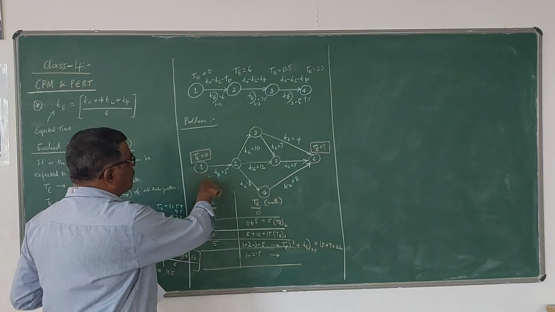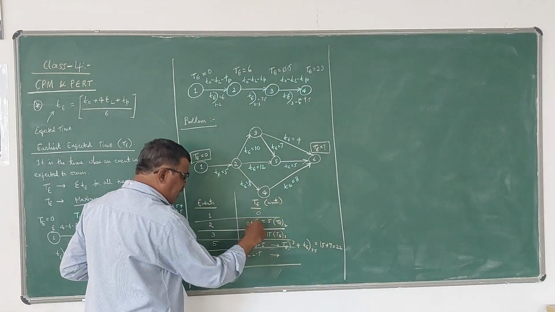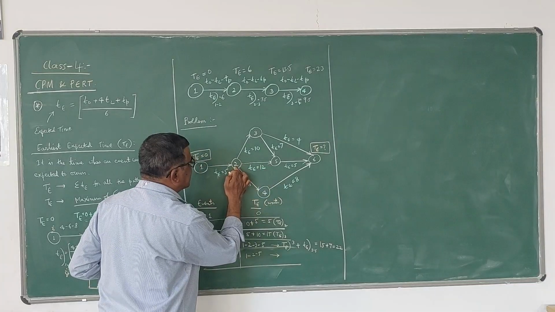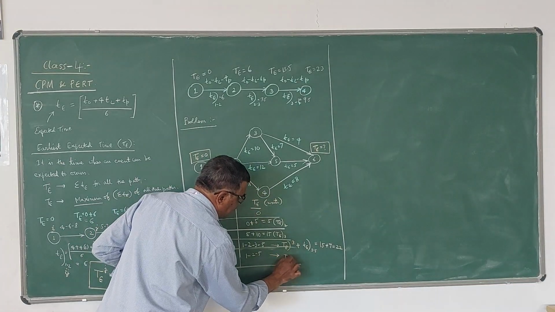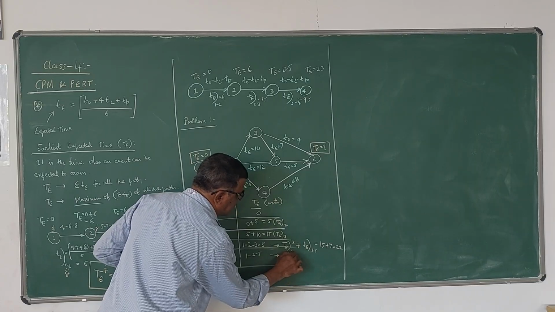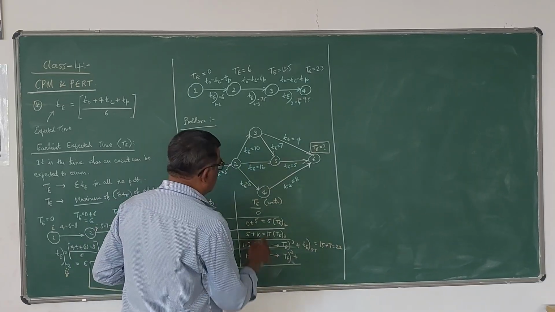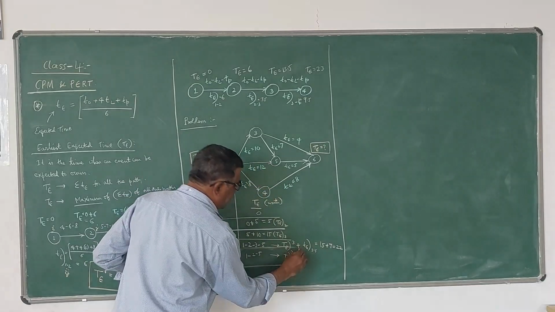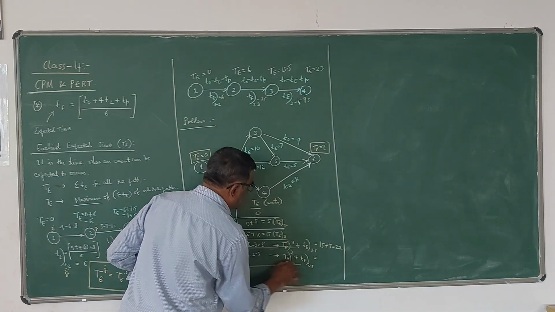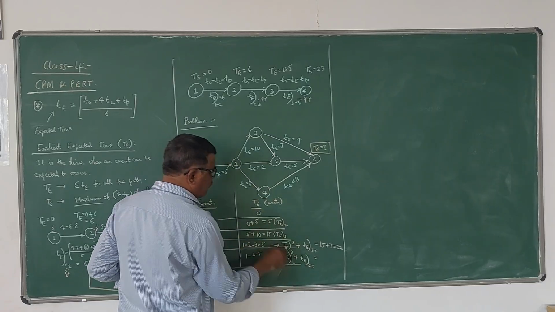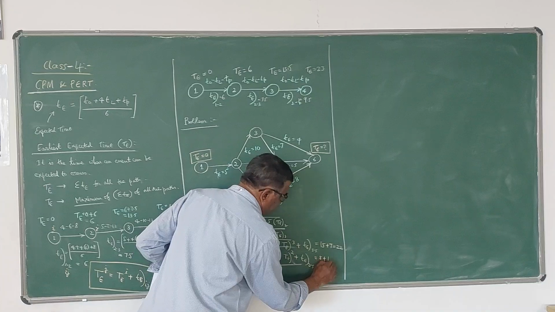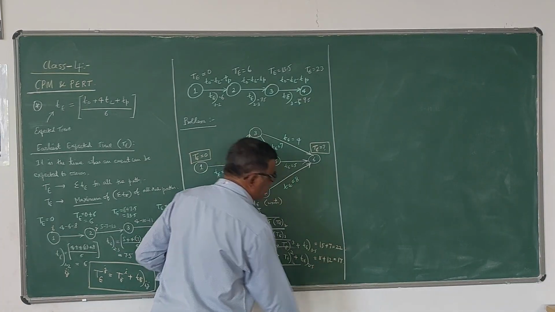Next, if you take 1 to 5, for 5 the predecessor is 2, so I have to take T2 plus small t of 2,5. T2 is 5 plus t25 is 12. So 17.